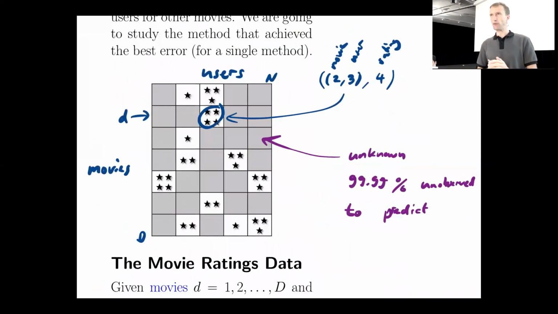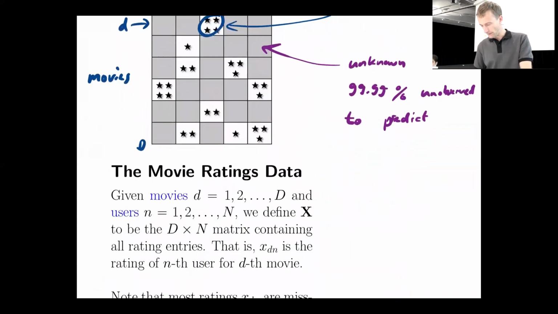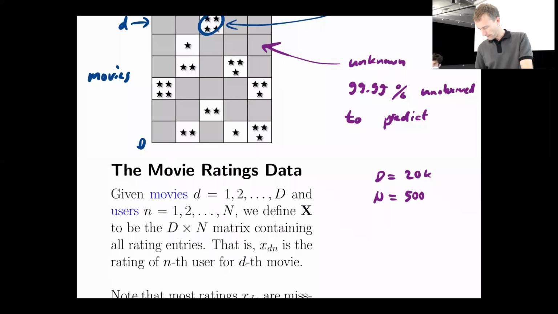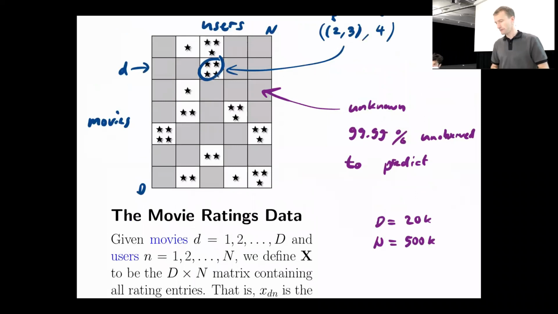It was the first famous data science competition where people really tried all the tricks and engineering methods to fill in this data as accurately as possible. In that case, they had about 20,000 movies, though by now there may be more movies on Netflix and also more users. I think back then it was like 500,000 users. And in that case, almost nothing of the matrix is observed.